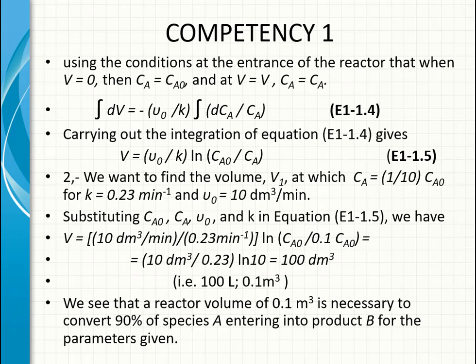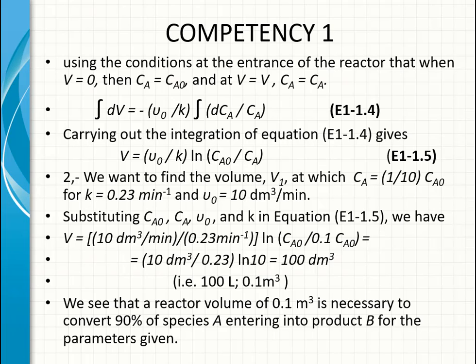And if we use the conditions at the entrance of the reactor, at volume equals 0, the concentration of A is CA0, and at volume equal V, the concentration of A is equal to CA, we will have that the integral of dV is equal to minus V0 over K, which are both constant, the volumetric flow rate and the rate constant, times the integral of dCA divided by CA.